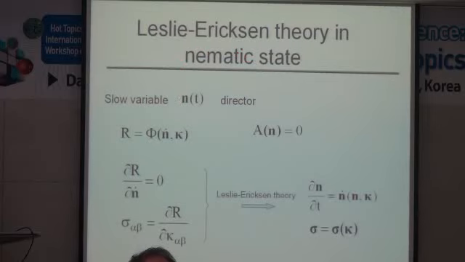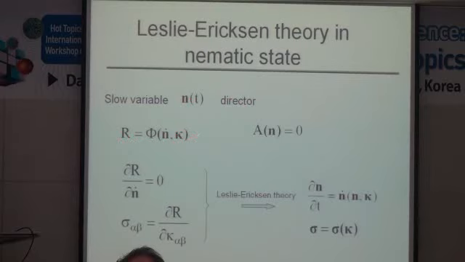We say that the state of the liquid crystal is described just by one parameter n, the director, and so the free energy of the system is independent of n. And the dissipation, so therefore the Rayleighian is equal to the energy dissipation function, and the energy dissipation function is written as a quadratic form in terms of n dot, the director change, and the velocity gradient tensor kappa.